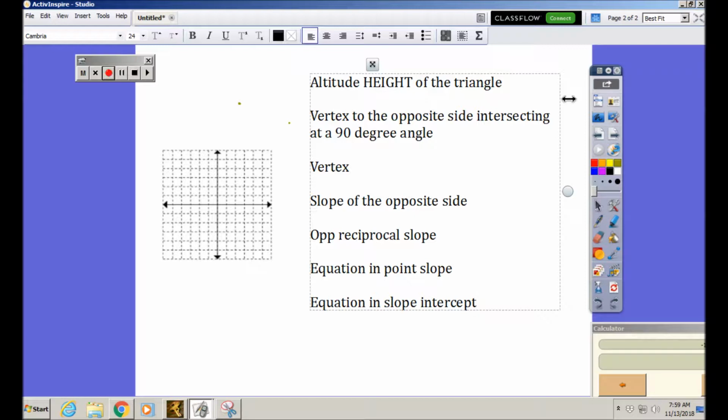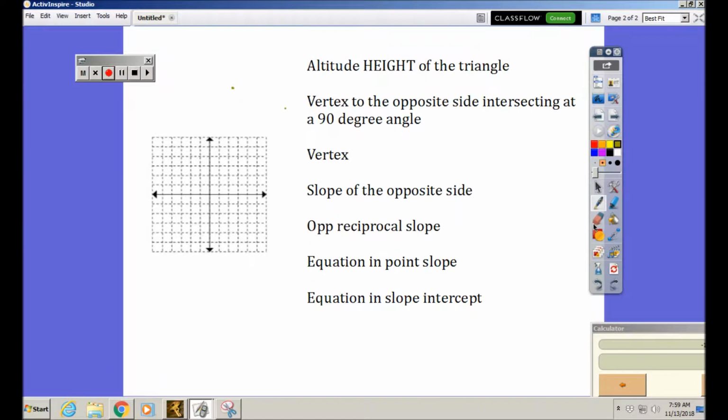Okay, so for this problem, first trick, can we plot points? We were given R at -4, 6. 1, 2, 3, 4. 1, 2, 3, 4, 5, 6. We were given S at -1, 3. 1, 2, 3.